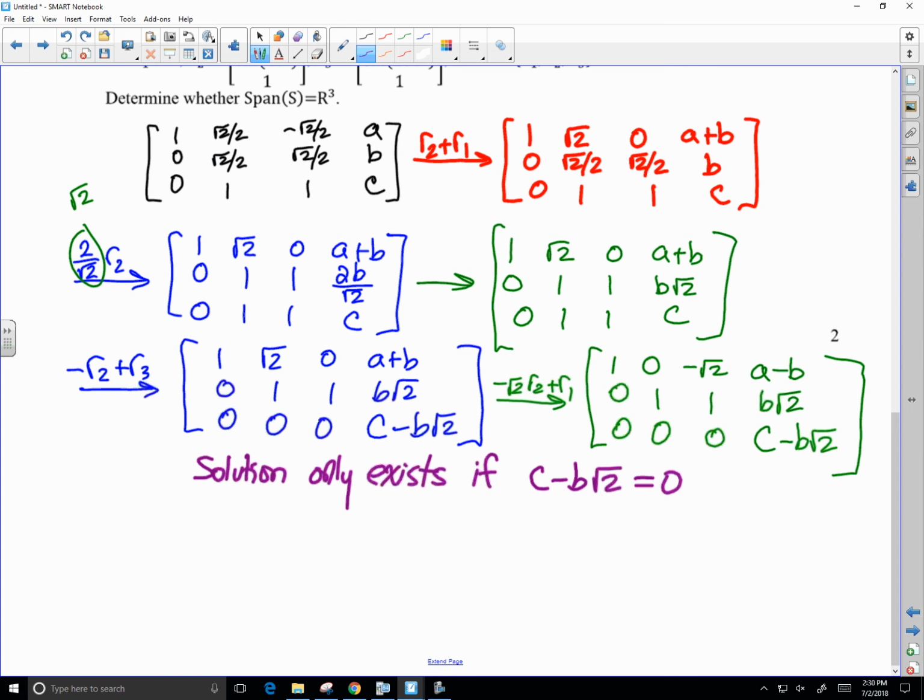So that's a dependent situation. We're basically saying that it's not going to exist under all circumstances. Because it doesn't exist under all circumstances, we can't say that S spans all of R3. All right?